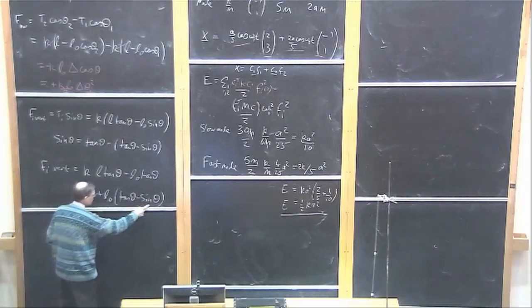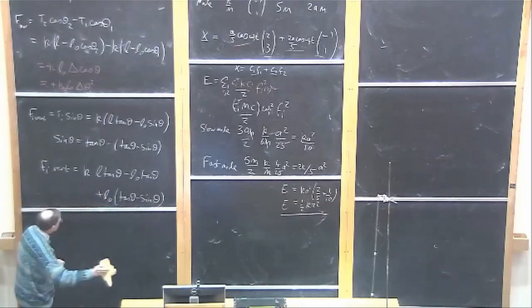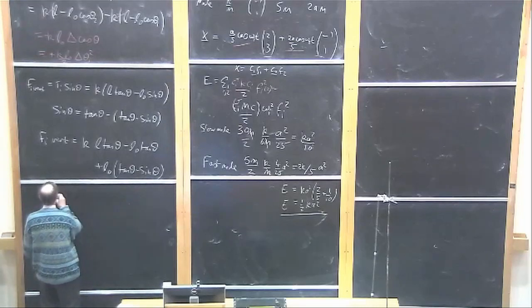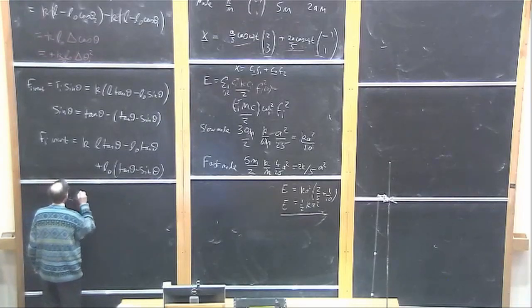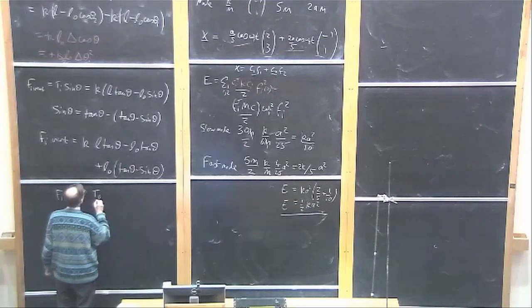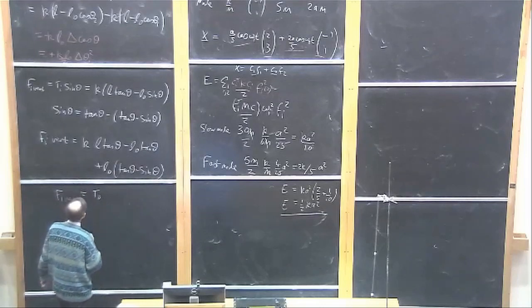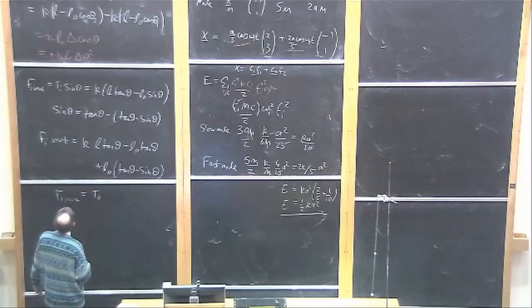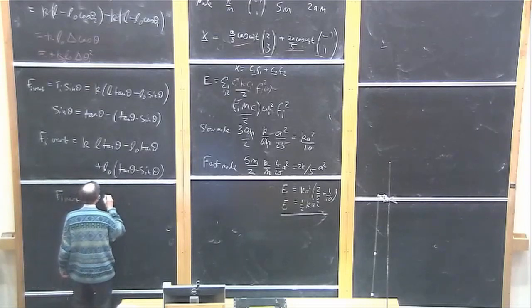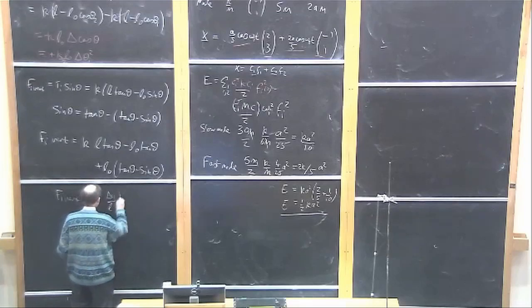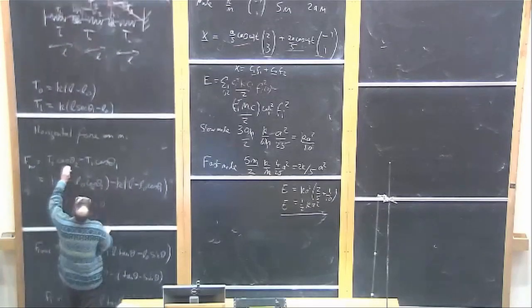So this is the bit that I'm going to neglect, and what we're left with here is that the F vertical is K L minus L naught, which is T0, times tan theta. Tan theta is delta Y over L. Go back to the diagram.